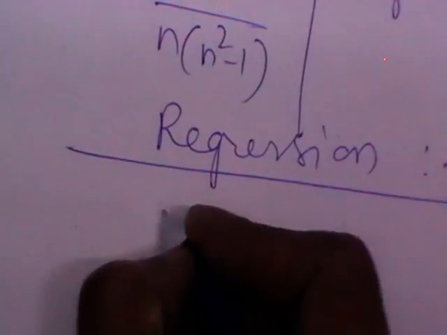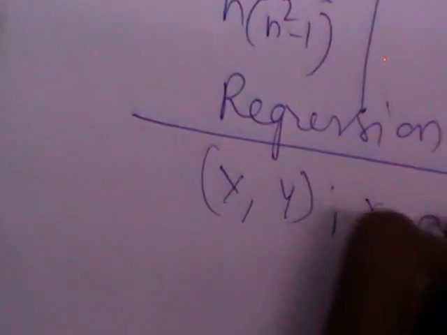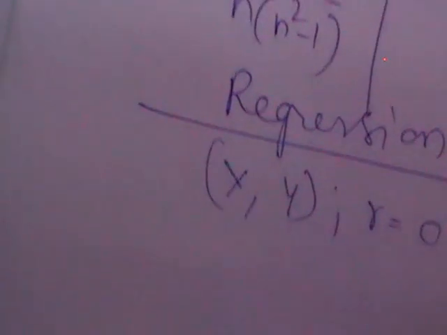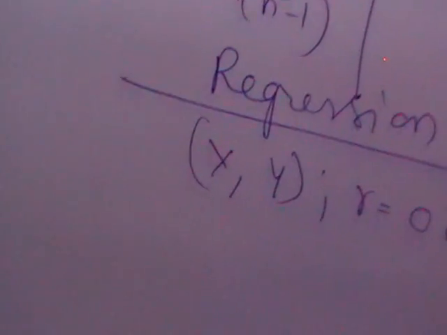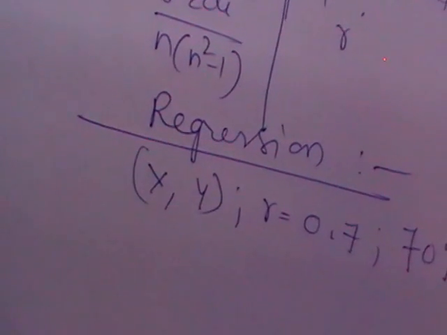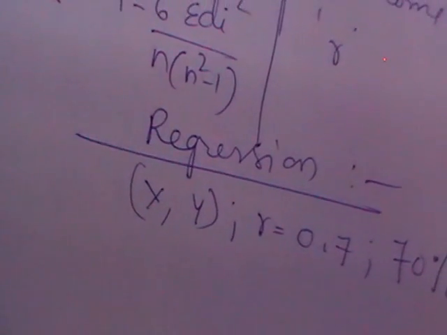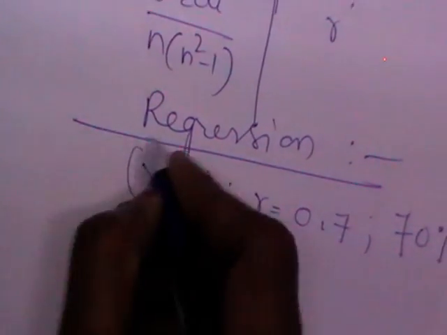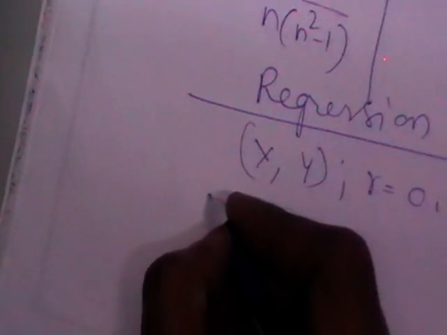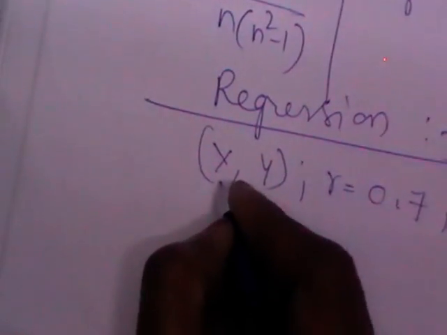If I write r of x comma y is equal to 0.7, I can conclude that there is 70% positive correlation between them, but it just gives the amount of relationship, whereas regression gives the average mathematical relationship.